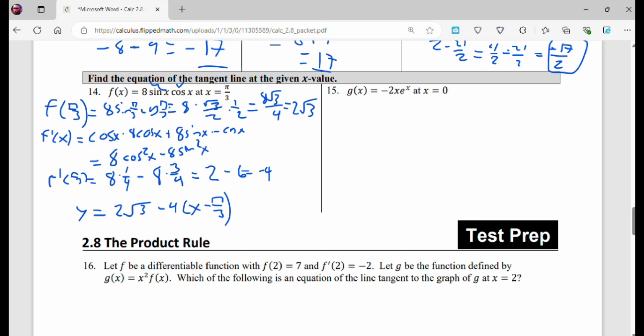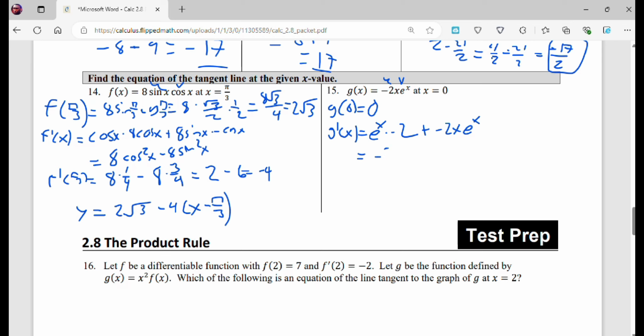Okay, next question. We're going to find our function value at g of 0. g of 0 is going to be 0, because you plug 0 into x, you get 0. g prime of x. So this is v u prime plus u v prime.